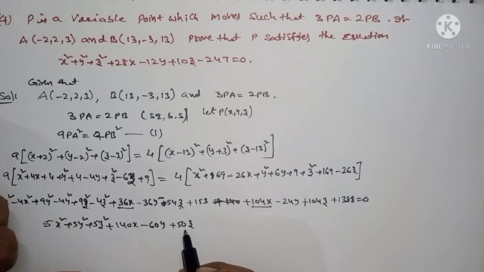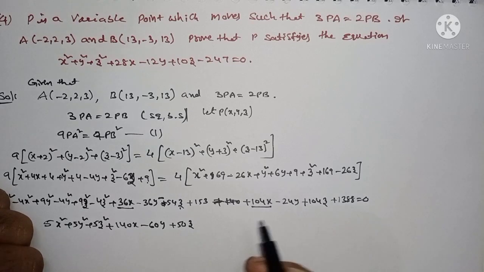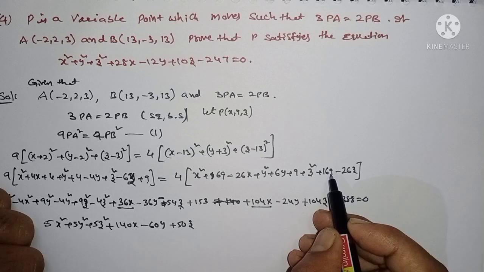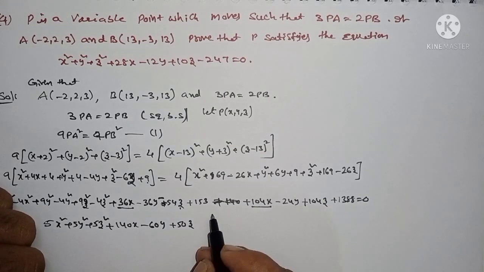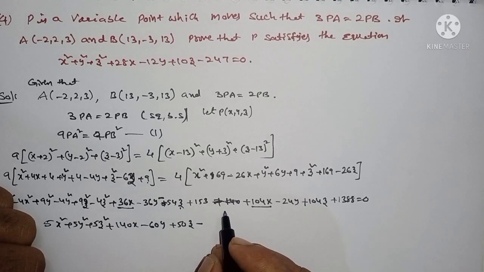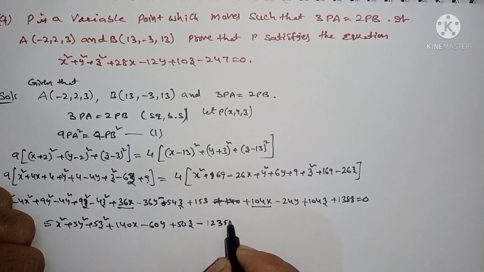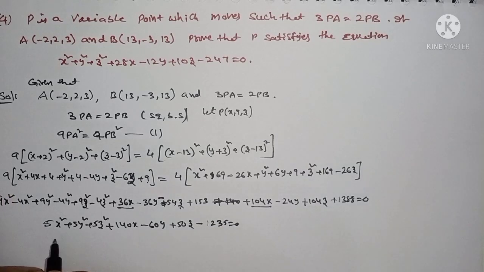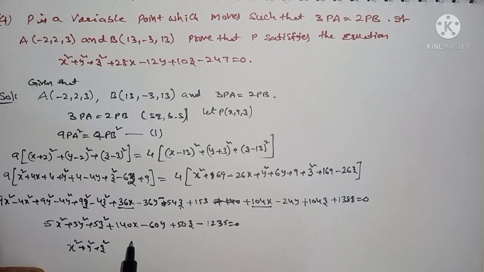And the constant is 1235. You can take the minus: x square plus y square plus z square plus 28x minus 15y plus 10z minus 247 is equal to 0.